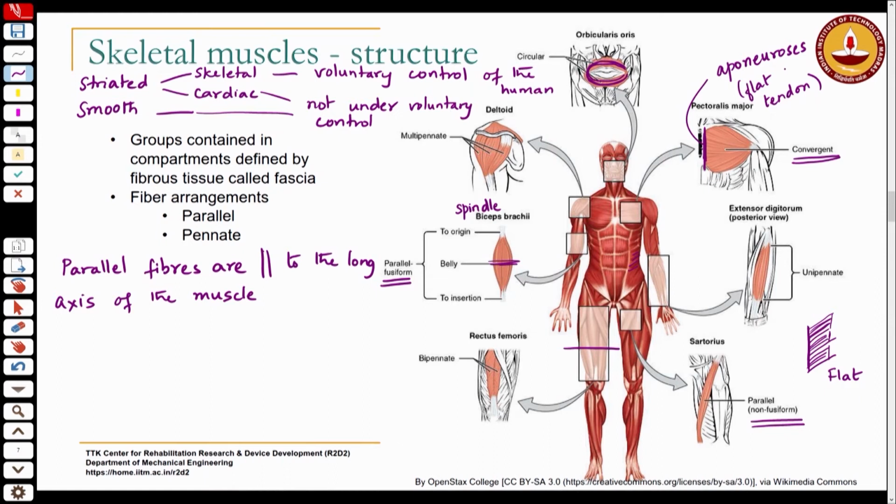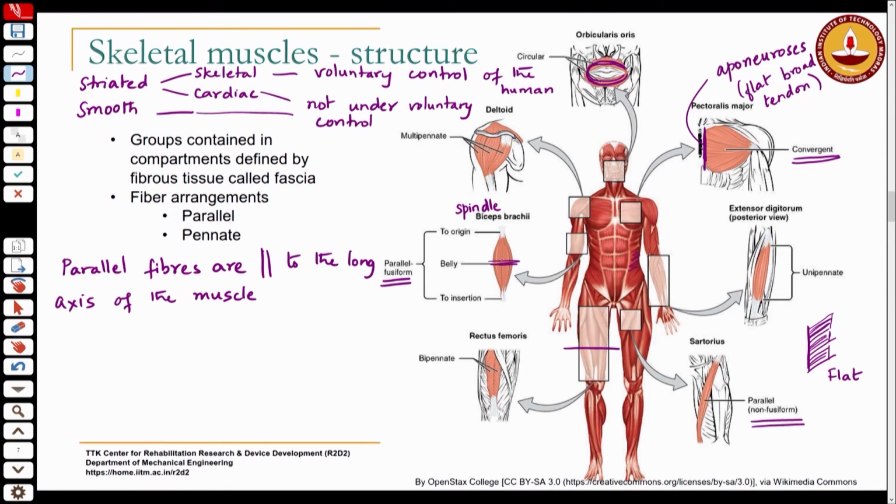So, a flat broad tendon is called the aponeurosis. Now, the thing about this parallel arrangement is you can get a greater range of shortening, especially if you look at a fusiform, the muscle length equals the fiber length.